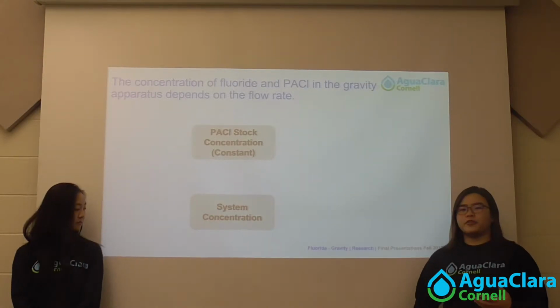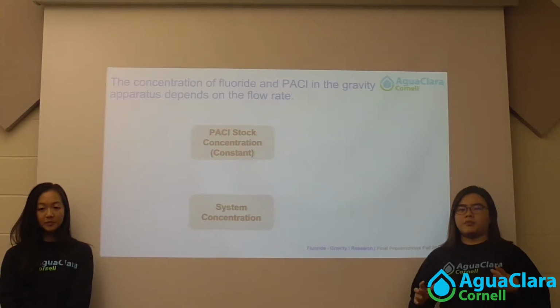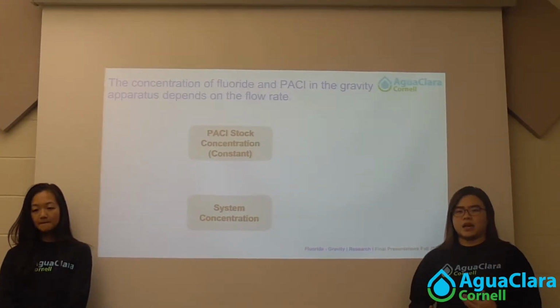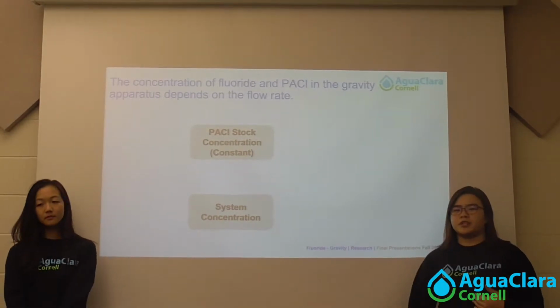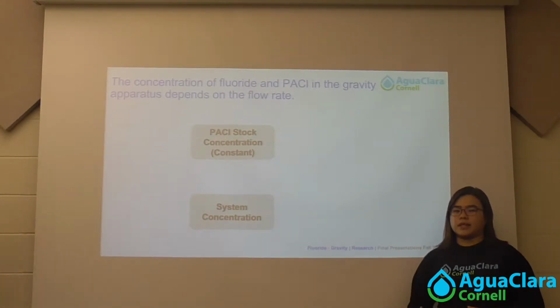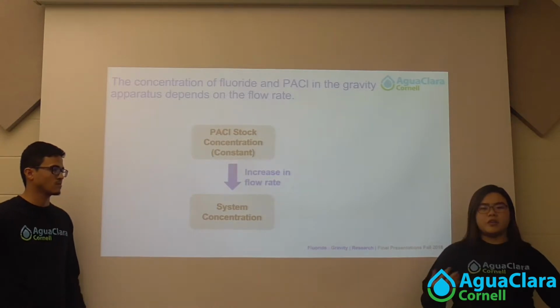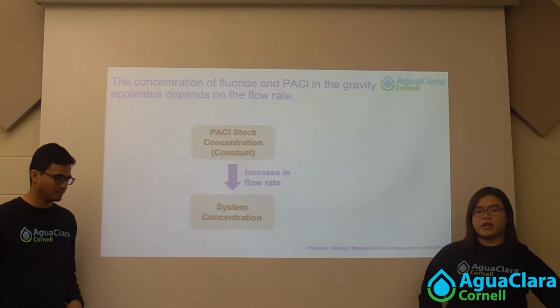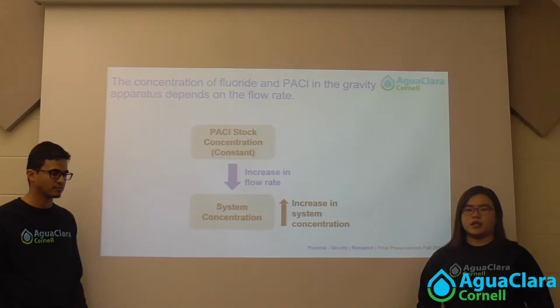However, for our PACl coagulant, we kept the stock concentration constant throughout, while we adjusted the system concentration of coagulant by adjusting the flow rate of the coagulant line. For example, if we increase the coagulant flow rate, we increase the system concentration of coagulant.